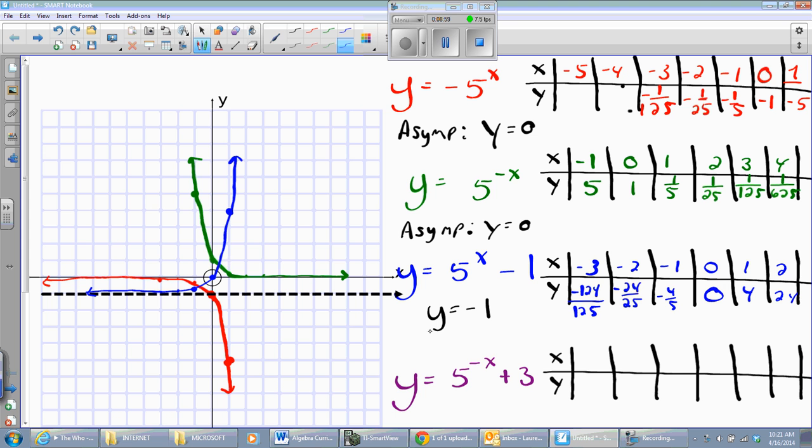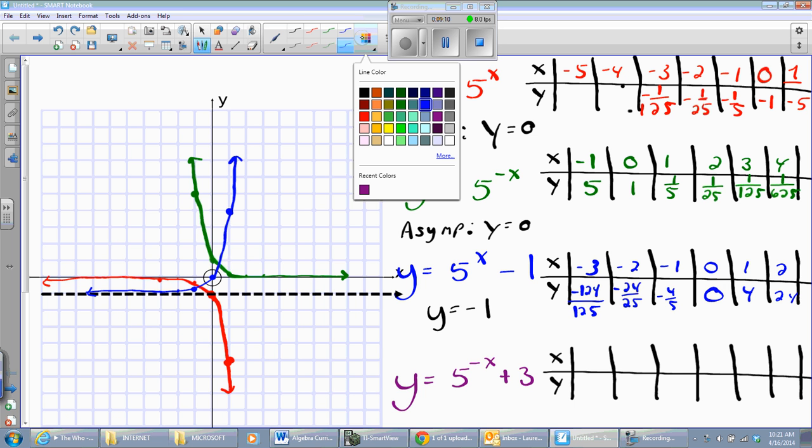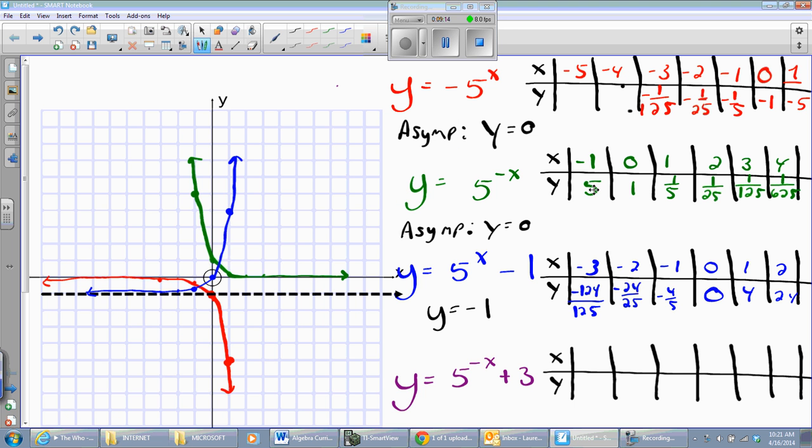All right. So this one here, this purple one, it's going to be just like this green one, except everything is going to be moved up 3. So let me get my purple out here. Okay. So if I take 5 and I add 3 to it, I get 8.